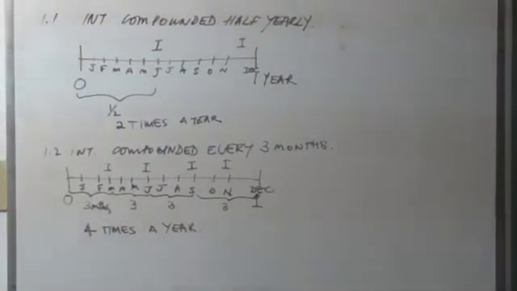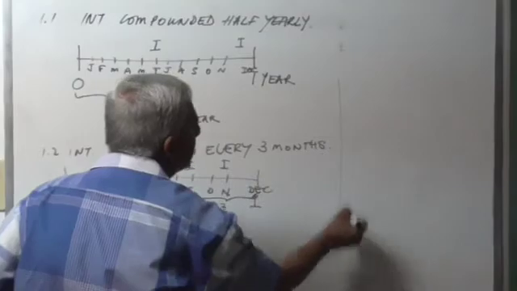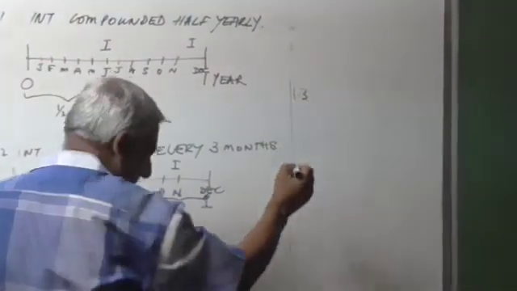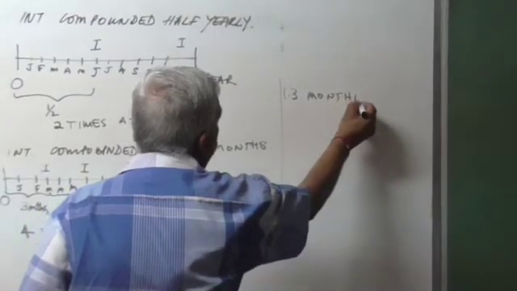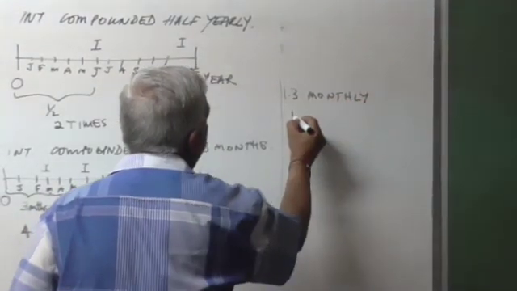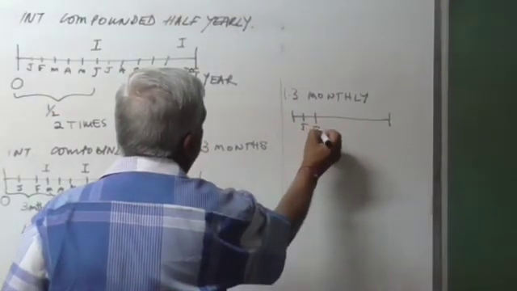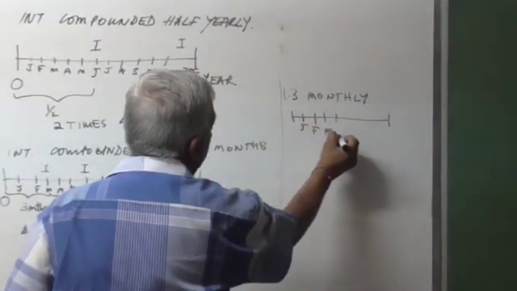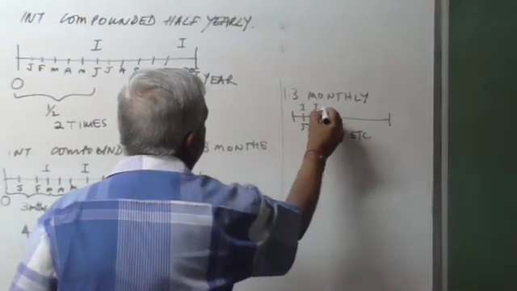Let's have a look at the next 2. Now 1.3, I'll just do it here. 1.3 was monthly. So if you get interest monthly, every month you get interest. January, February, March, April, etc. You will get interest every month.